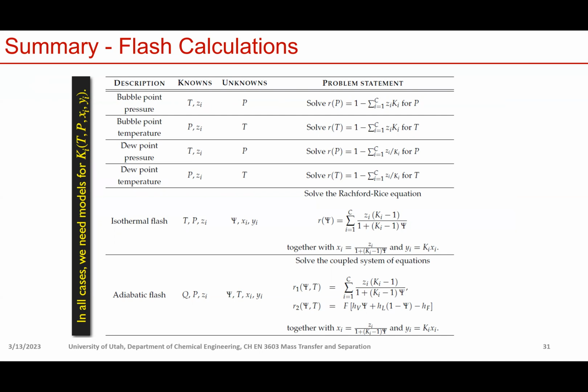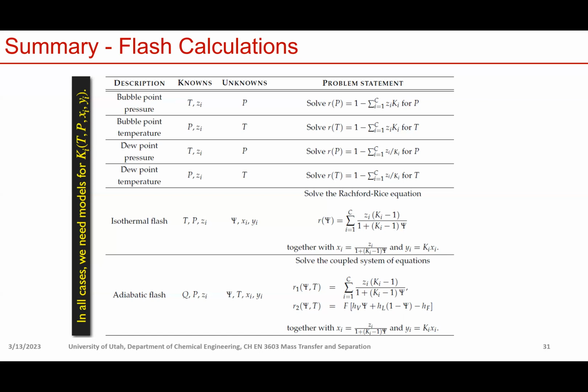In these examples, we are able to simplify the Rachford-Rice equation to this format. The way to solve these problems is, for example, given T, we are trying to solve P. You make a guess about P and plug the P value into this equation.